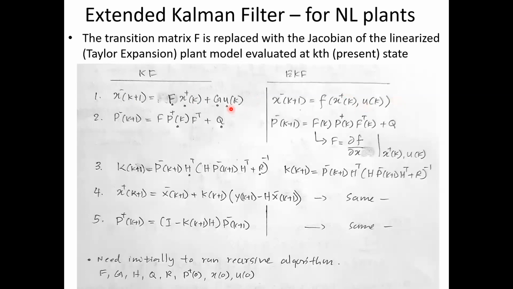And also the second equation, the a priori covariance prediction. Your estimation process is not perfect. It has an error covariance. There's an error plus or minus, but the average error is 0, but there's a variance. So this is that variance. In the Kalman filter, it is minimized.